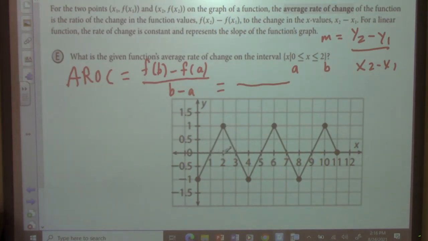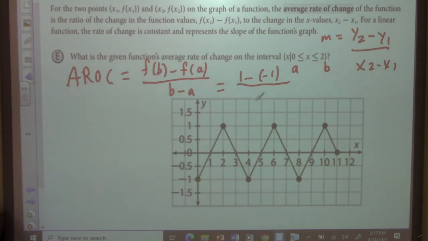We go to x equals 2, what's f of 2? 1. So we have 1, and then it's going to be minus f of a. What is f of 0? Right, we're looking for f of 0. What's f of 0? Negative 1. So we have 1 minus negative 1 over b minus a.